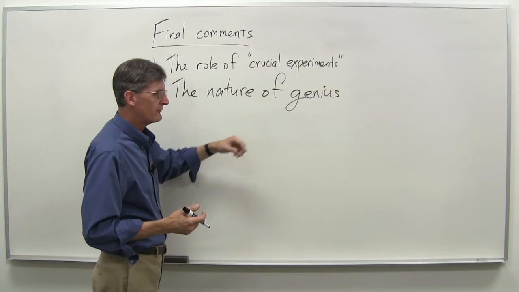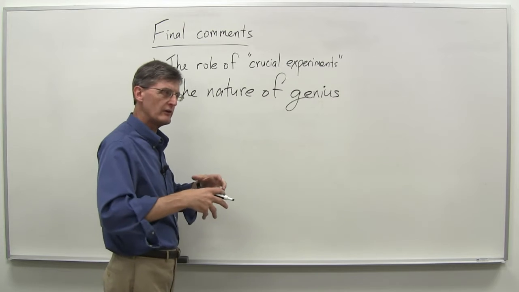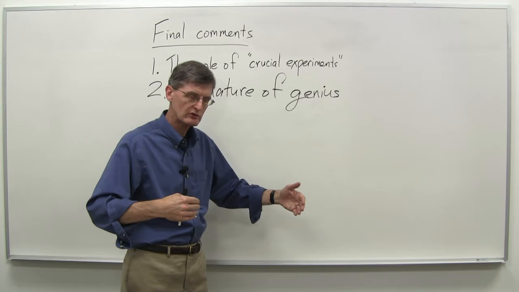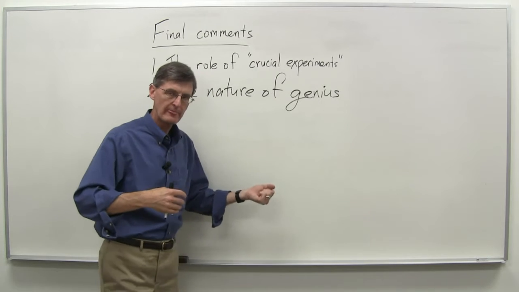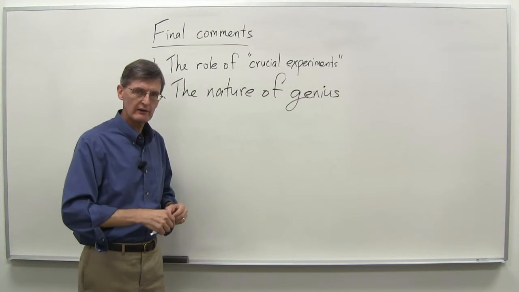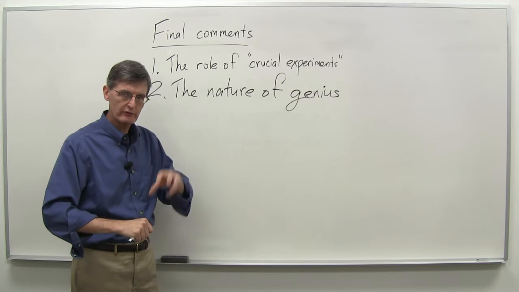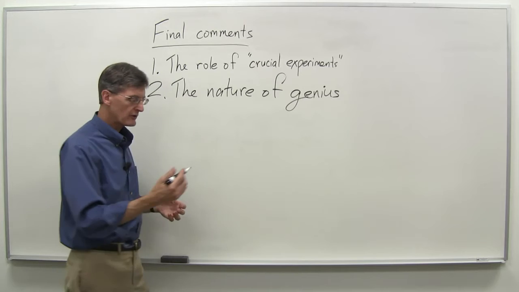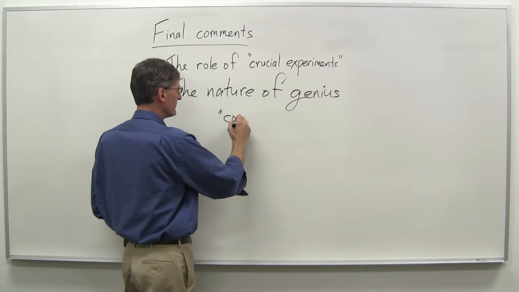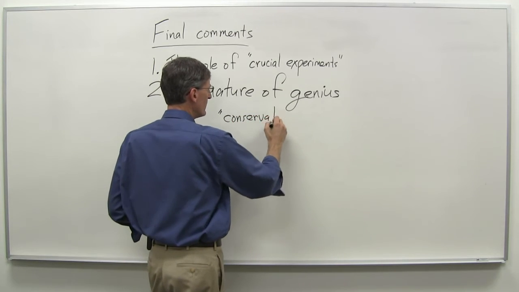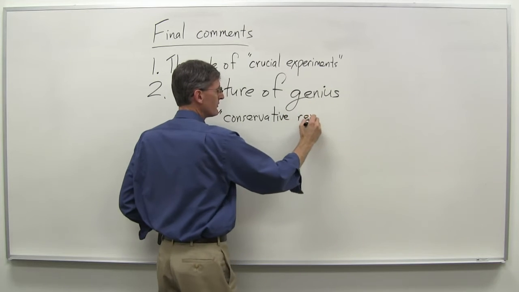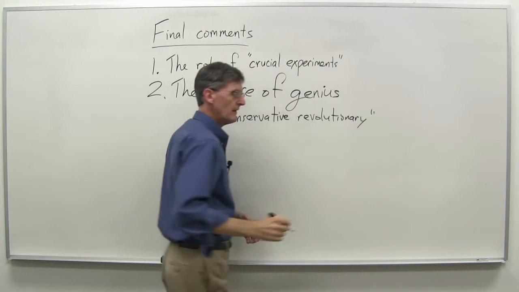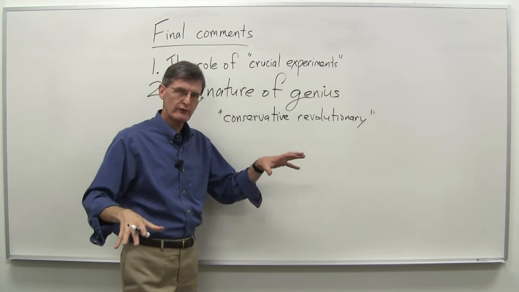And interesting enough, you can think of Einstein sort of, even though in a real way he was a revolutionary, he was at the beginning of the quantum revolution, as we've mentioned before. He clearly, the development of the theory of relativity was revolutionary, both the special theory and the general theory. And yet, in a sense, you could say he was a conservative revolutionary in some ways, because he sort of had one foot in each camp.